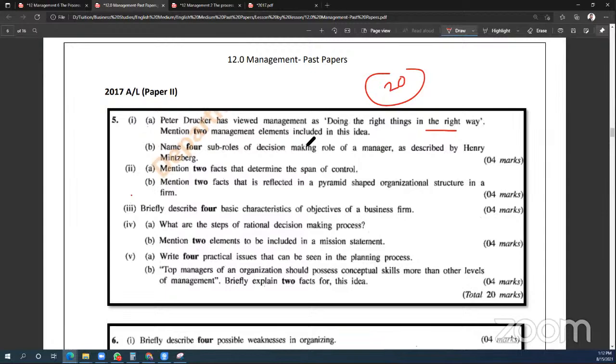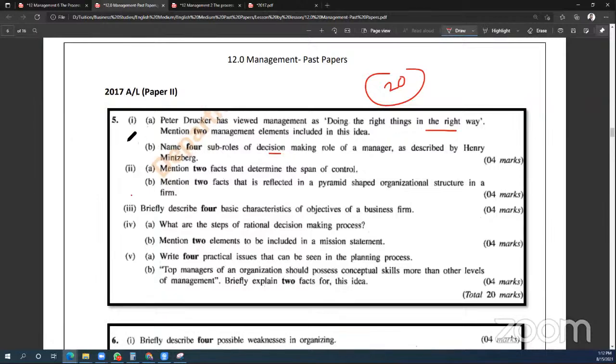Efficiency and effectiveness, so just 2 marks for that. Name 4 sub roles in the decision making role described by Henry Mintzberg. Look again at the sub roles, which I think have been asked repeatedly. You just have to write 4 of them: entrepreneur, resource allocator, negotiator, disturbance handler.